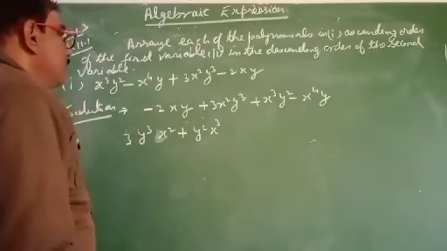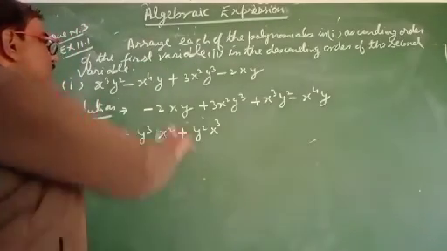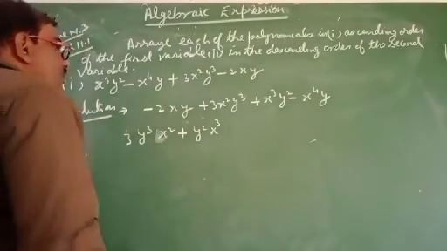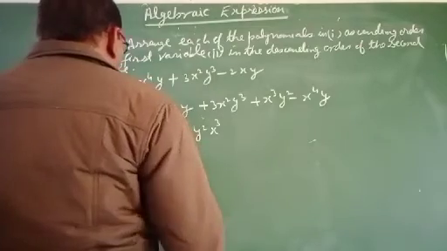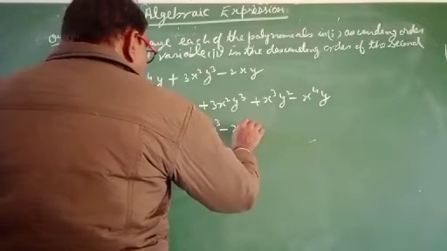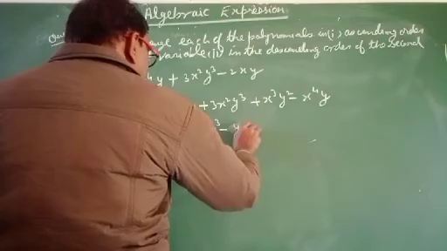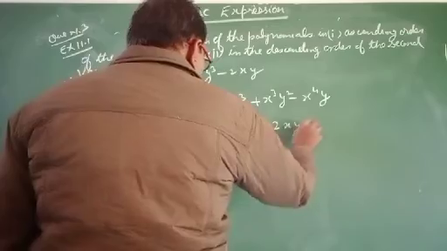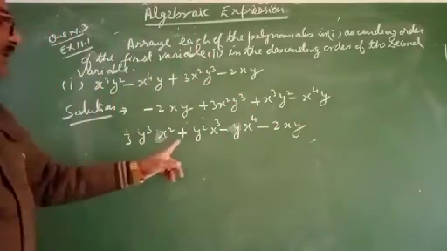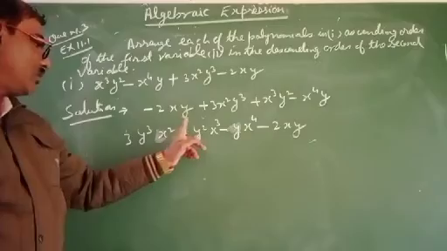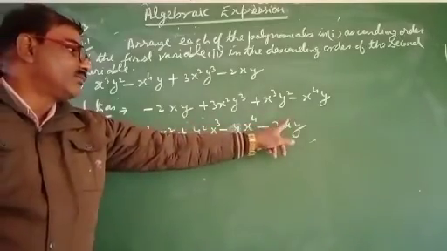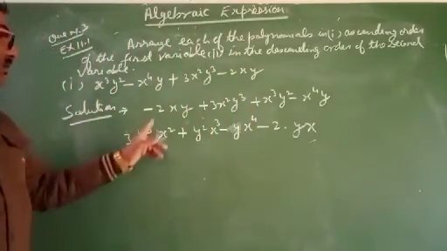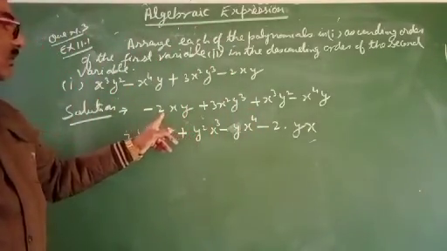After this the power of y is 1 here and also here, so I will write minus x to the power 4 y, minus 2xy. This is the descending power of the second variable: 3, 2, 1 and 1. And here is the ascending power of the first variable.